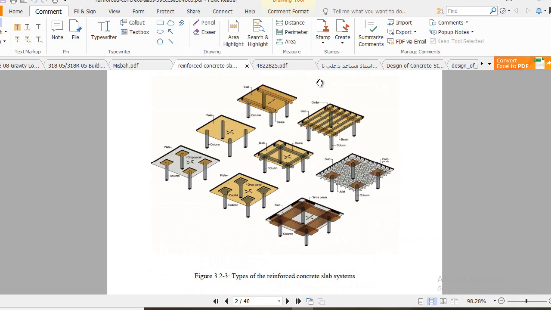So you see we have different types of slab systems: beam-supported slab systems, flat slab systems, and waffle and banded slab systems.